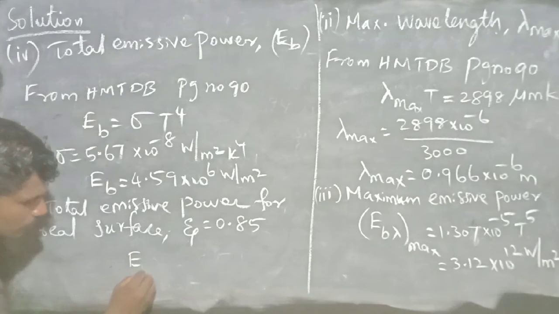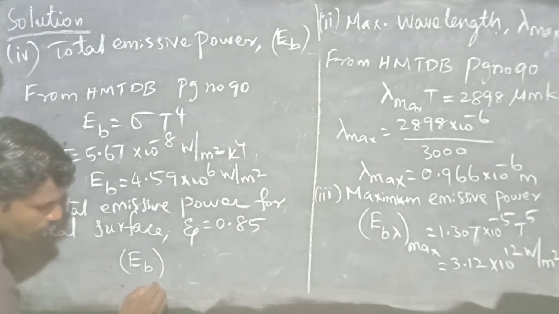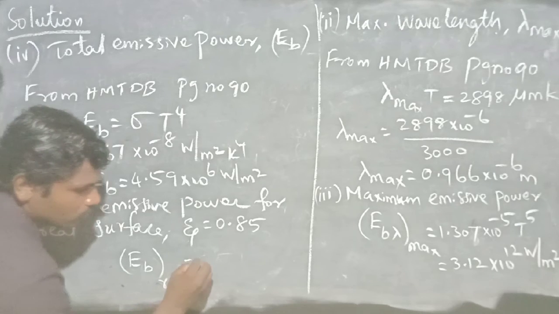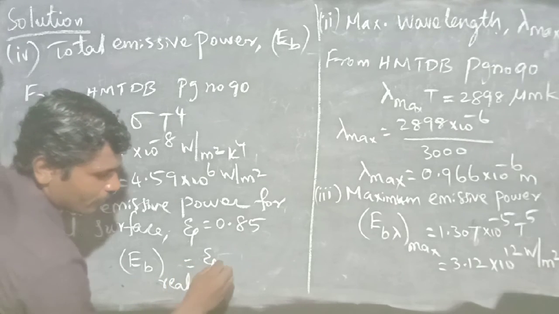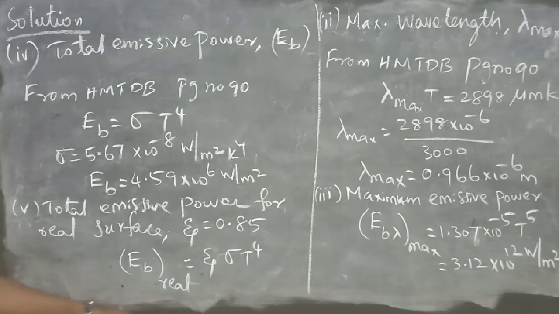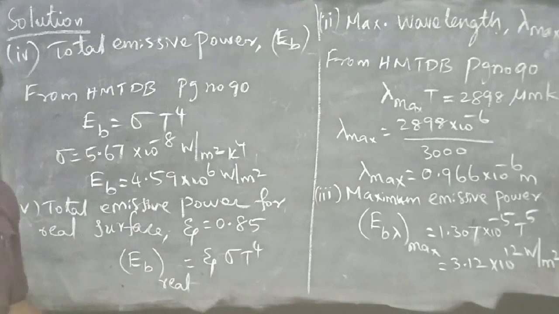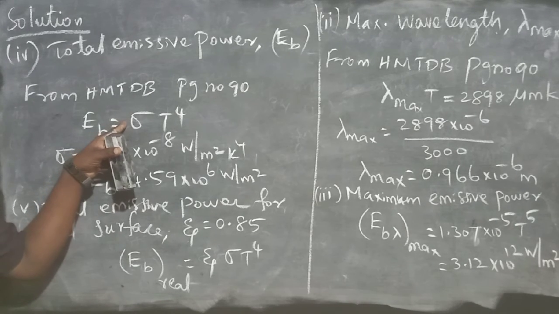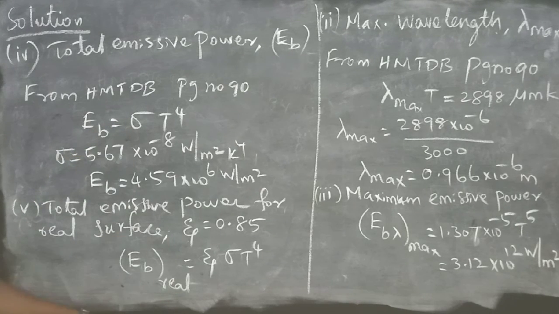What's the change? The total emissive power for a real surface is equal to the emissivity into sigma T power 4. We only multiply by the emissivity.